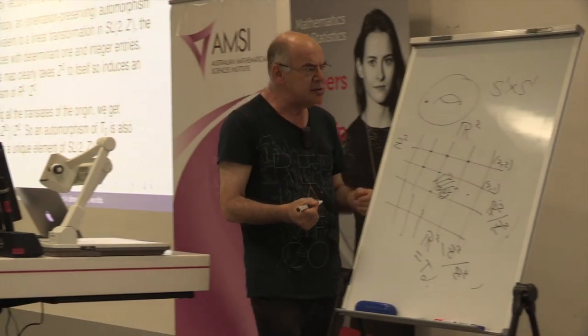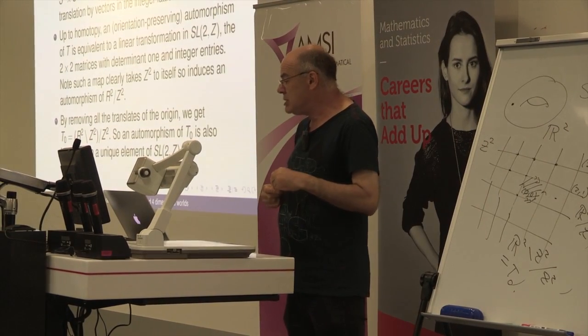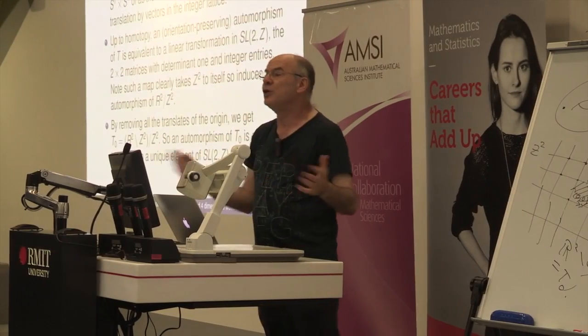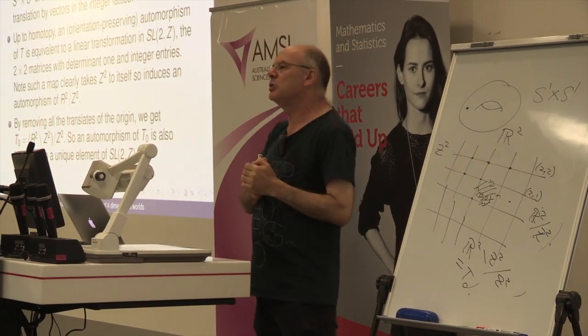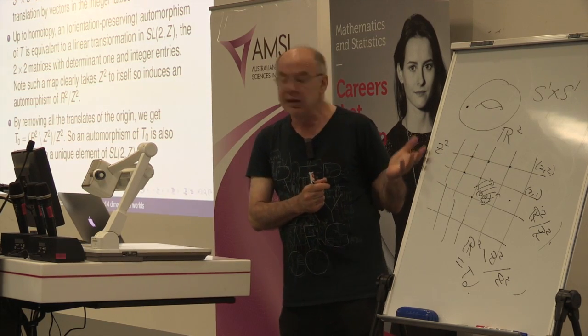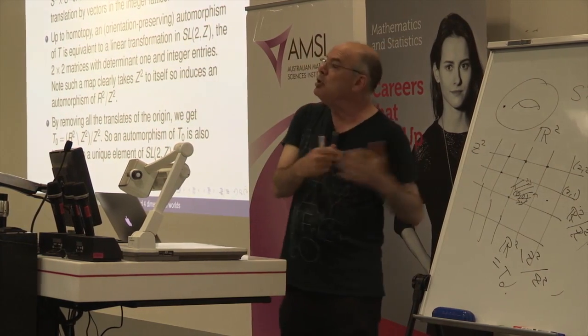And the easy thing to do is to just take a matrix which has got integer entries and is invertible. Obviously we want an invertible matrix because we want it to be a homeomorphism. If it has integer entries, it'll map Z2 to Z2 and the action will commute.